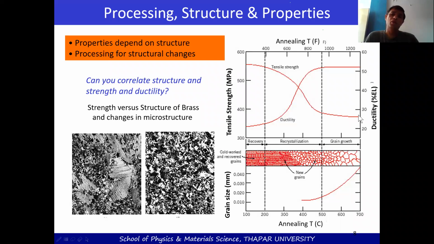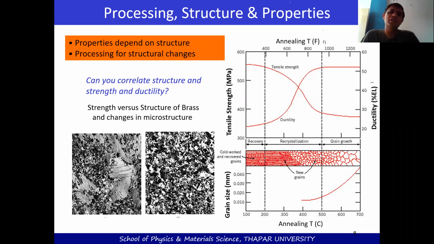Same way, if you look at the ductility graph, the ductility is lowest for these finer grains or say smaller grain size, and when you increase the grain size, your ductility goes up. That means the tensile strength and ductility behave opposite to each other. With increasing grain size, your tensile strength falls, but your ductility increases.